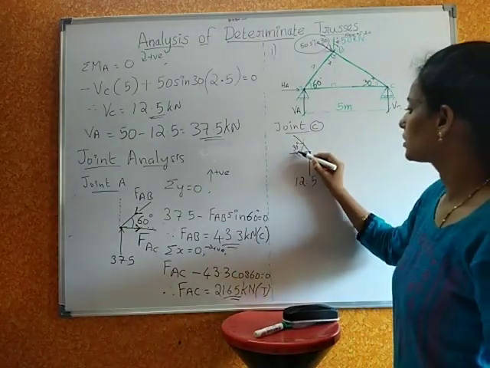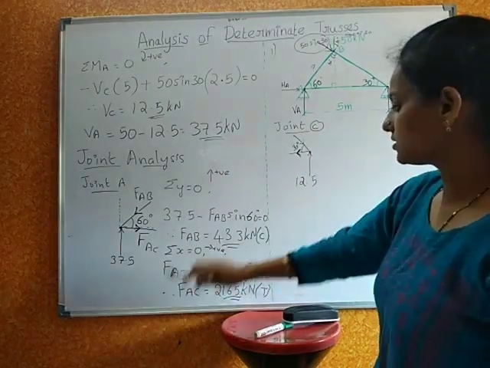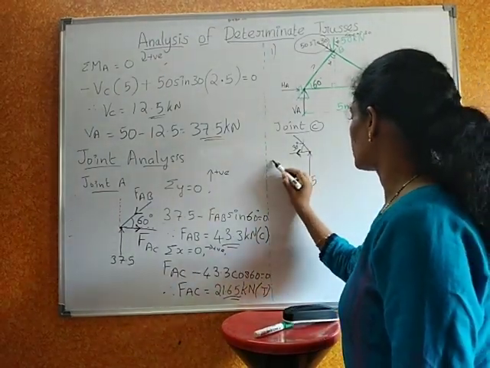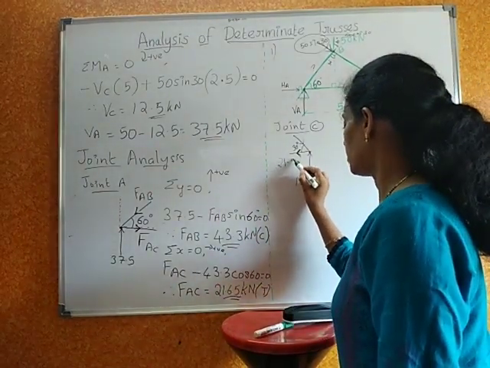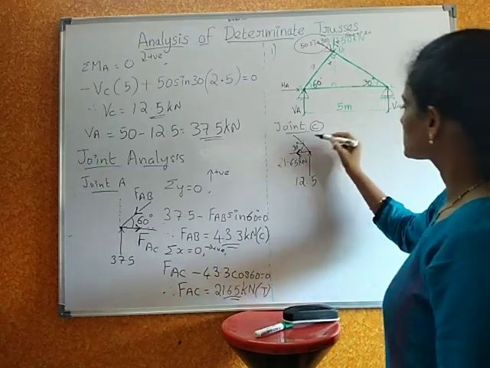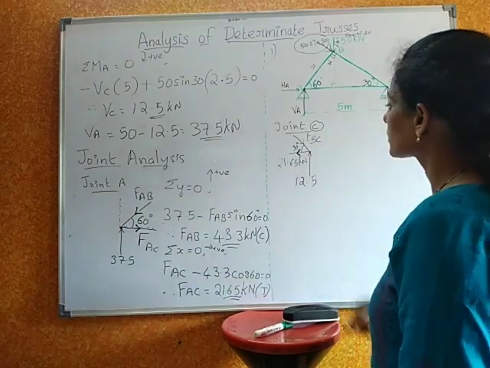This is also known: FAC is known from the previous step, that is 21.65 tension, so away from the joint. So 21.65 kilonewton. Next, the unknown member is FBC.